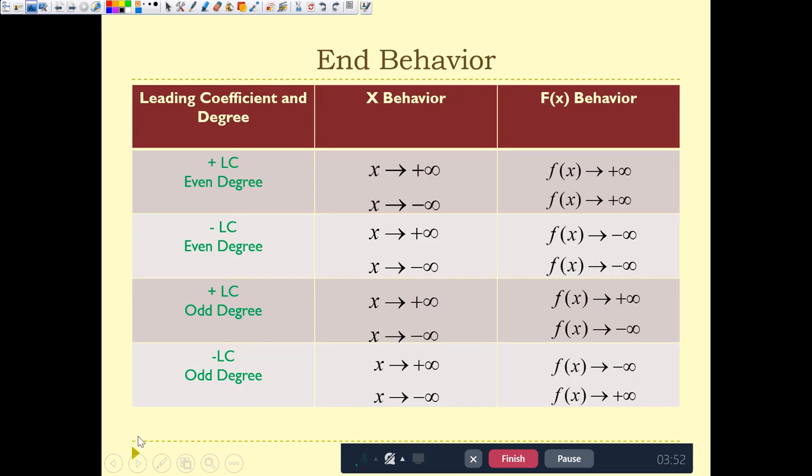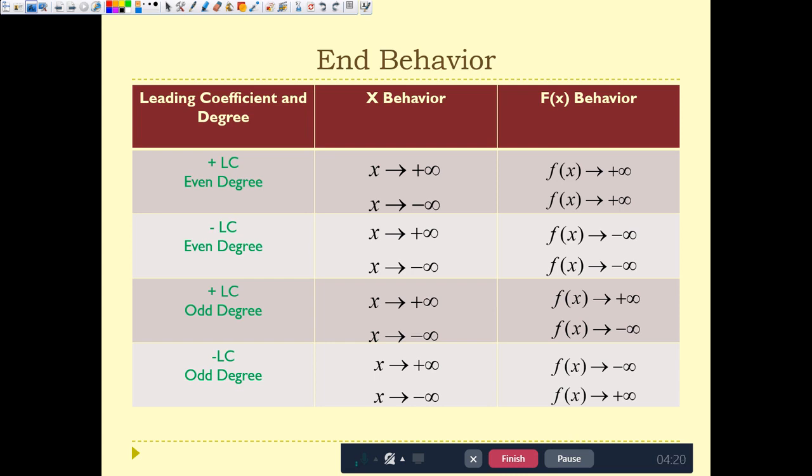So if our leading coefficient is positive and we have an even degree, like 2, 4, 6, 8, then as x approaches positive infinity, our f of x, or y, also approaches positive infinity. As x approaches negative infinity, f of x also approaches positive infinity, like that first one on the first slide.